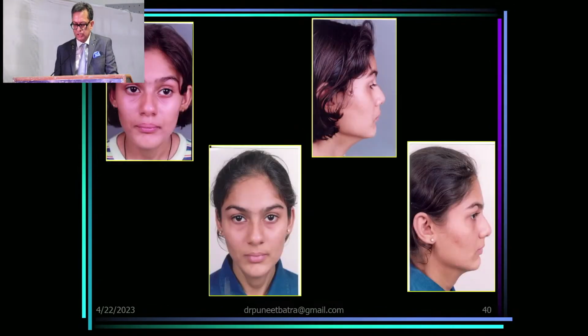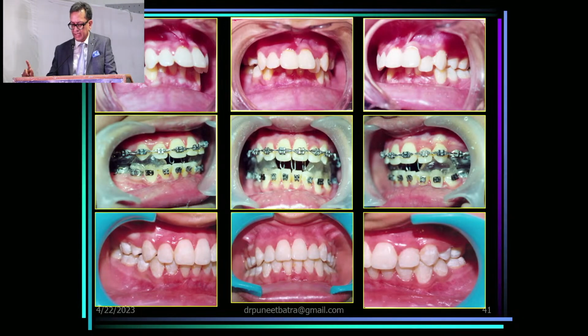So, you can have a look at a patient who has a severe deep bite with an overjet of more than 12 millimeters, and giving the functional appliance has actually increased the facial height. You can have a look at the picture before, and then look at this girl. Her face looks syndromal, and when you look at the post outcome, the face has relaxed musculature.